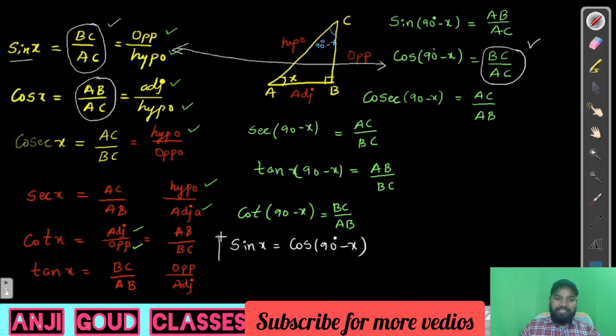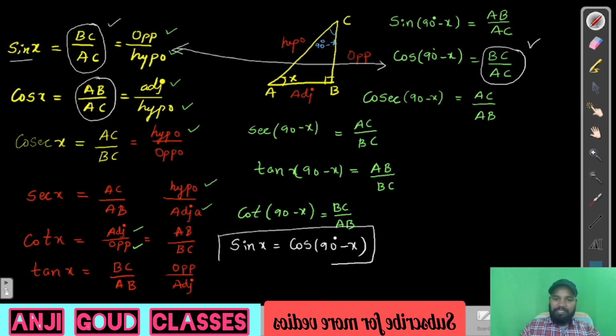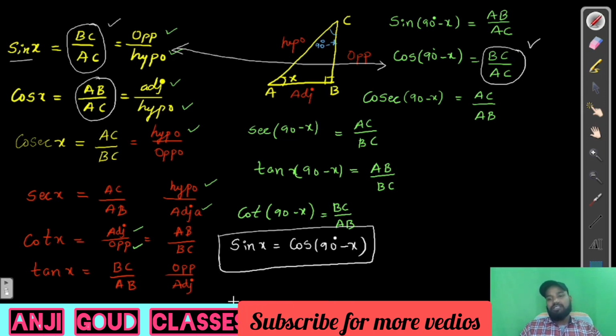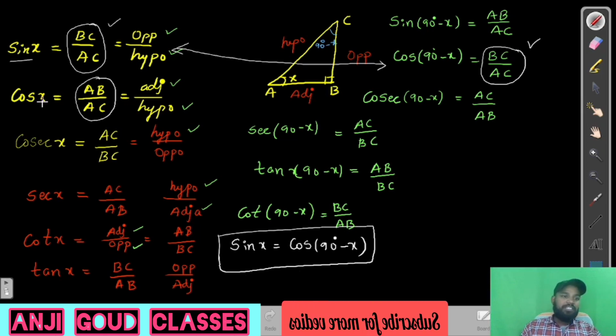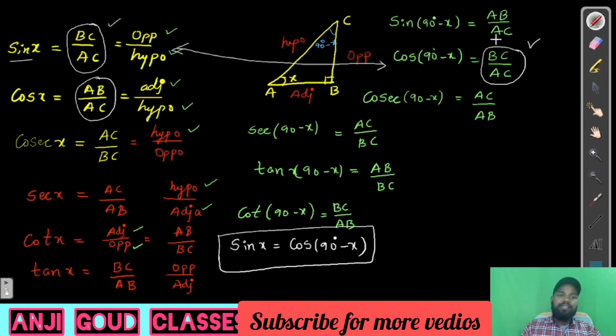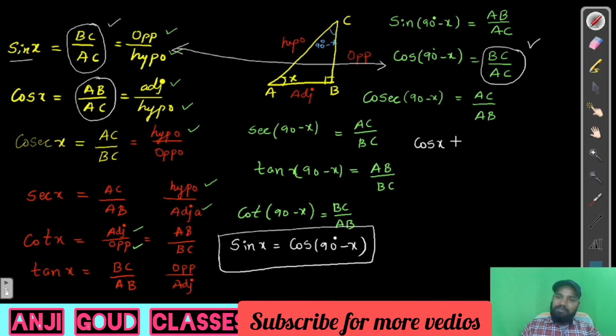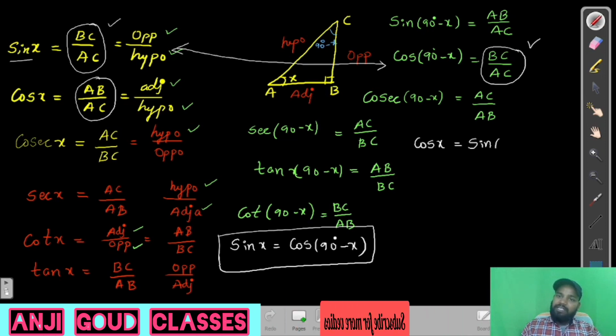For this derivation, I explained the entire concept. This is a basic definition we need to know. Now see, cos x is AB by AC and sin of 90 minus x is AB by AC. These both are matching, yes or no? Yes. So cos x can be written as sin of 90 minus x.